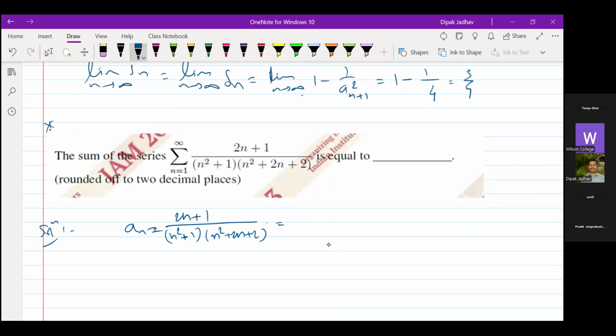So try applying partial fraction. Is it equal to 1 upon n square plus 1 minus 1 upon n square plus 2n plus 2? Is it equal to that? Check, all of you. Yes, sir, it is exactly. Okay, good.